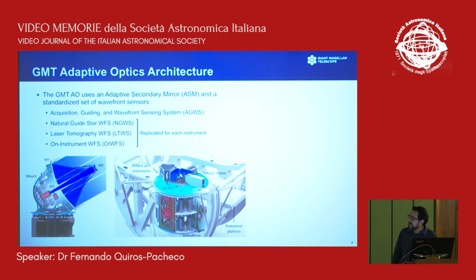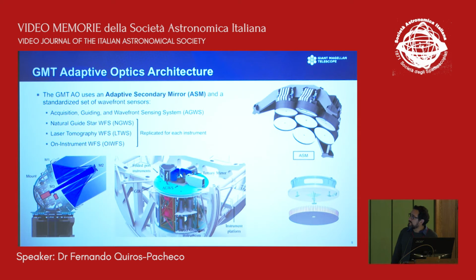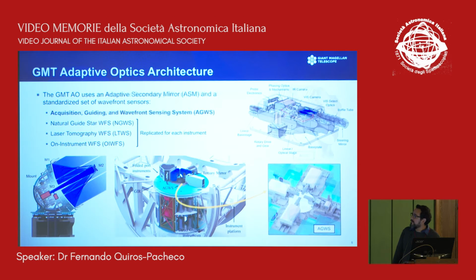So the GMT adaptive optics architecture is based on an adaptive secondary mirror that is used for providing wavefront correction to all the focal stations. Then we have an important sensor, the acquisition, guiding, and wavefront sensing system, that is quite complex.